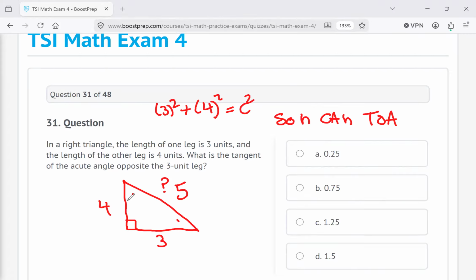It's going to be this angle right here. This angle is technically the acute angle, definitely acute because it's opposite of the leg 3.